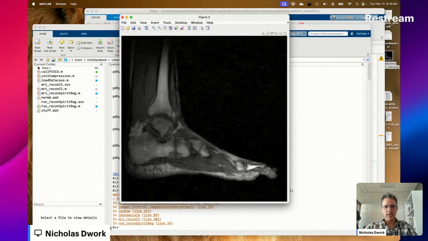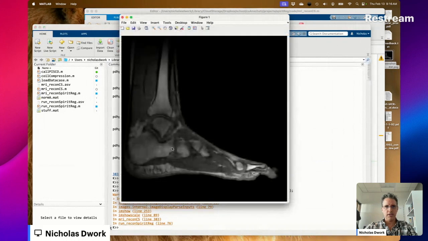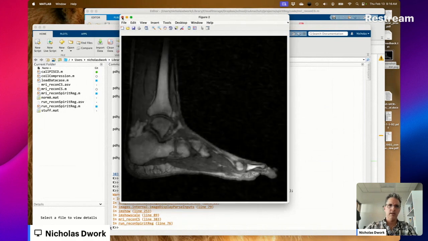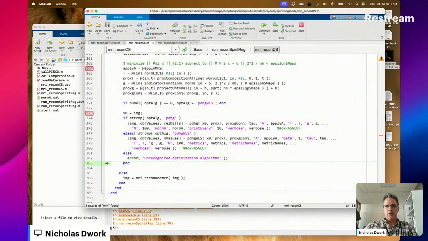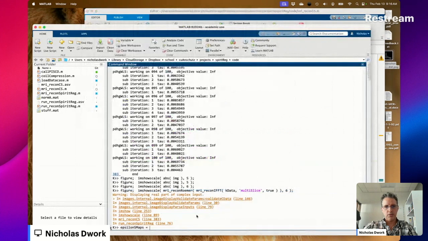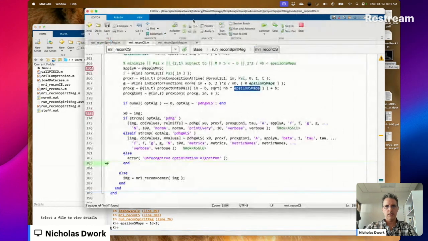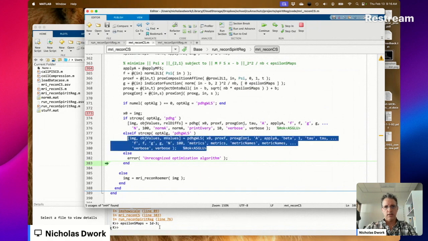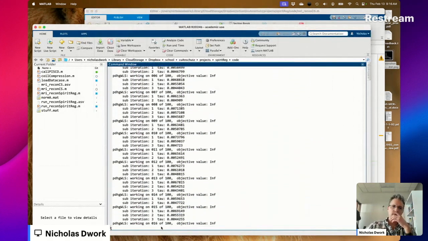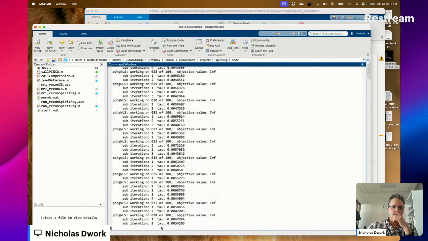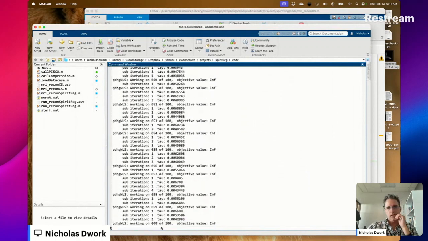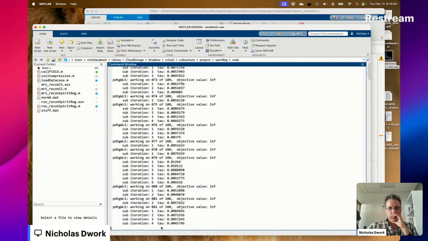You can see striations in here in the Roma reconstruction that you cannot see. Okay, what if I set epsilon S maps equal to 1e-3? Is it because the regularization variable is wrong?